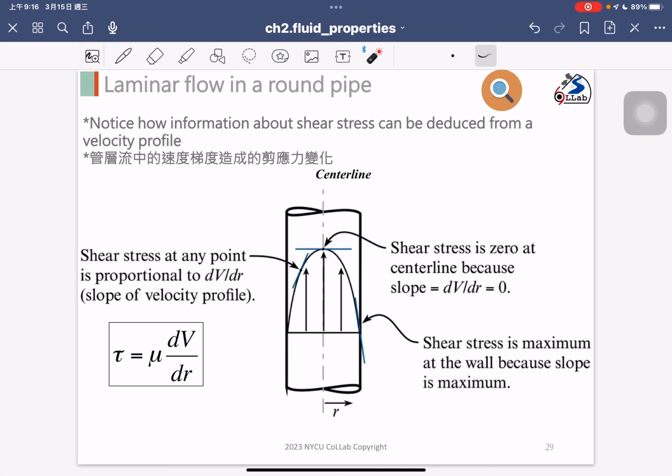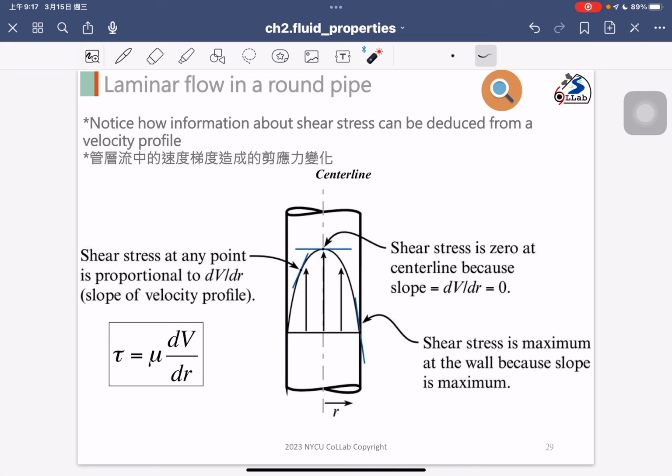Okay? In the same way, we can figure out what happens if we draw the tangent line at the wall. At the point at the wall, the slope of the tangent line is the largest one. So that indicates at this point, we will have the largest shear stress.